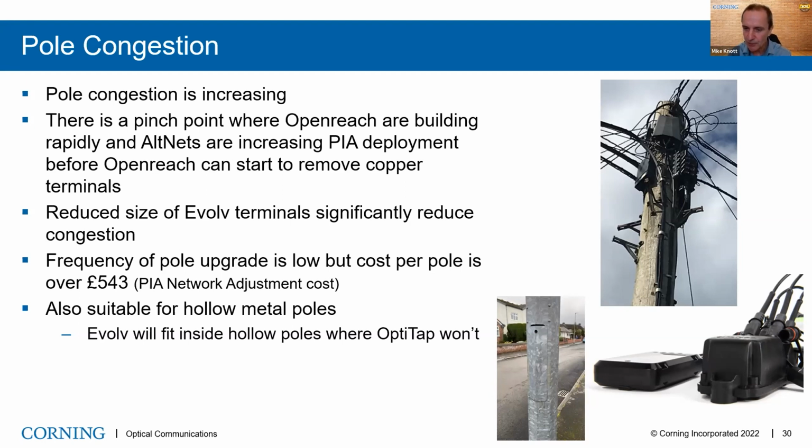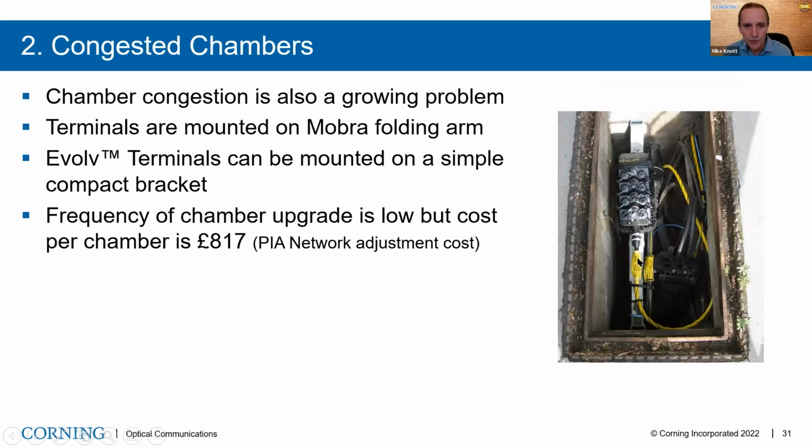Also, there are some metal hollow poles in Openreach's network, and the Evolve terminals will fit inside those metal poles where the old CBT terminals won't. In terms of underground congestion, that's also a growing problem. The terminals are normally mounted in Openreach's network on these MOBRA mounting bracket folding arms.